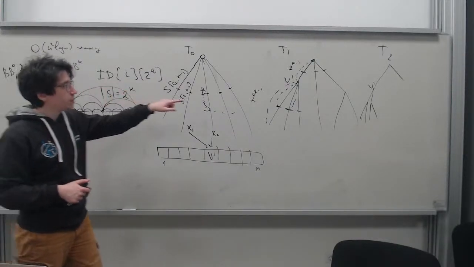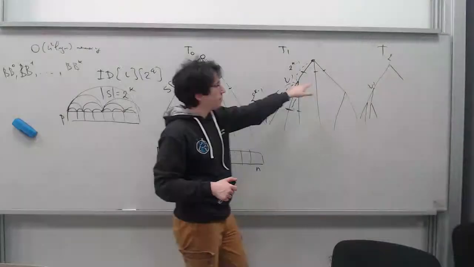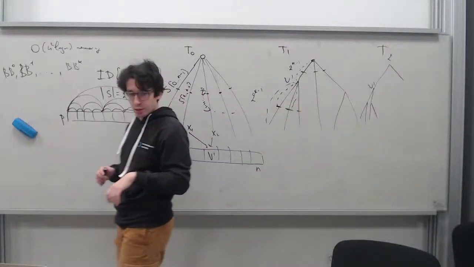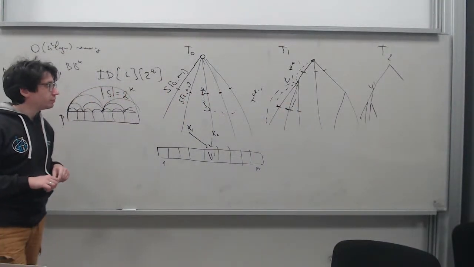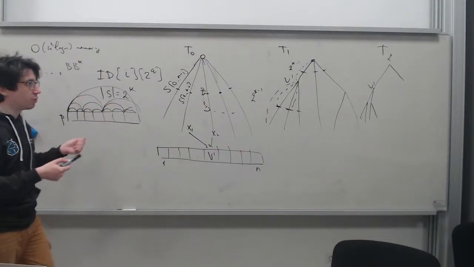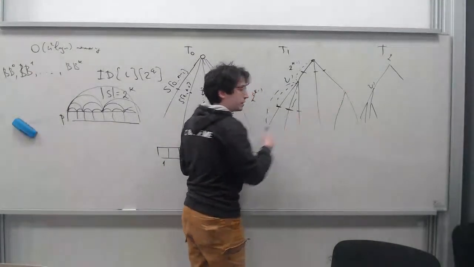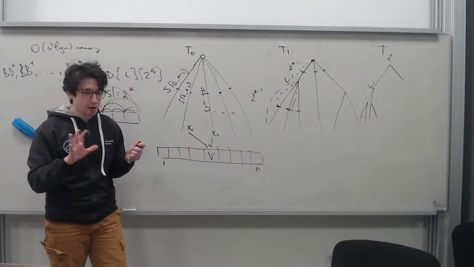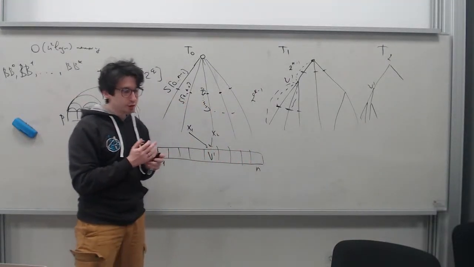If we already have this node v prime, it will be over all next trees. So we took the first 2 to the power of k minus 1, and then we go recursively for v prime and consider the next parts of the string.